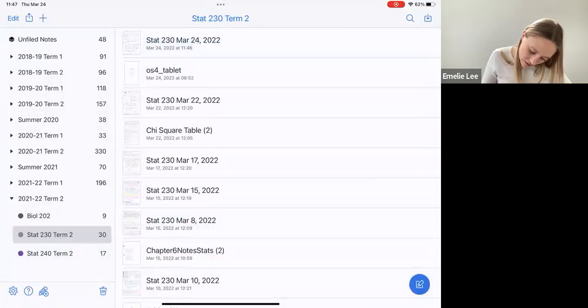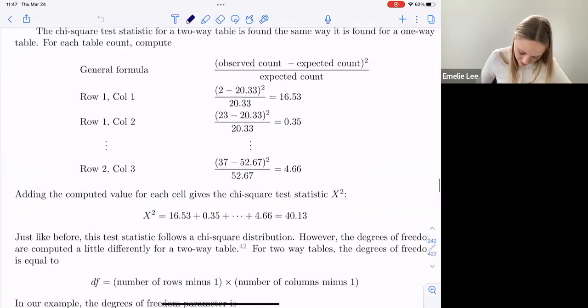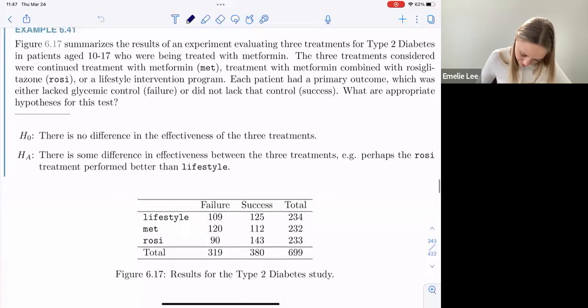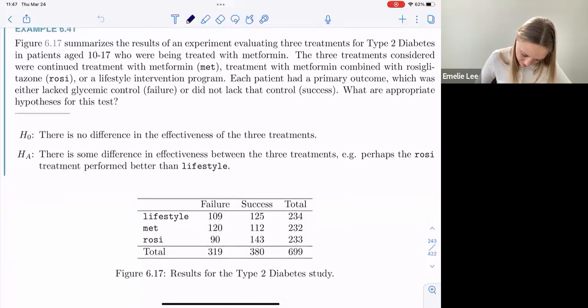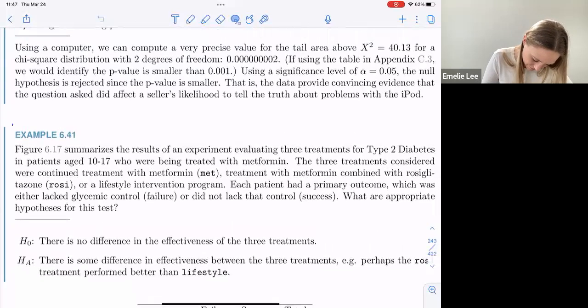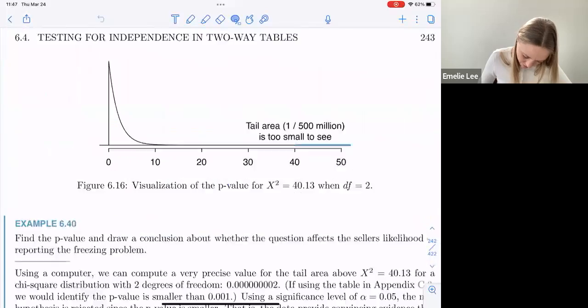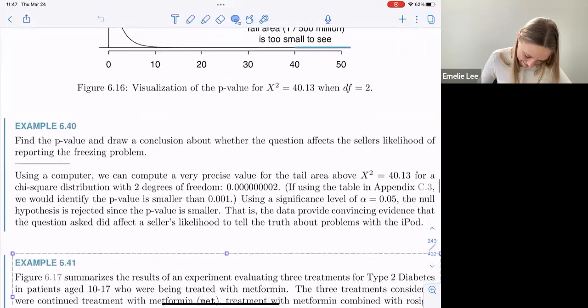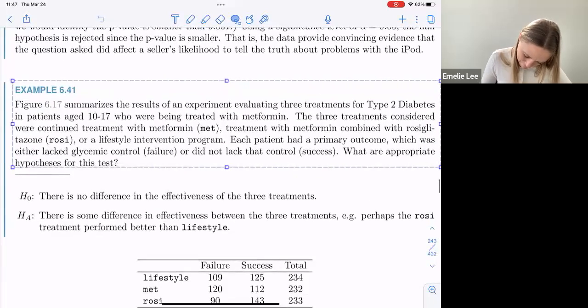Okay, I wanted to do an example, this one. And I know, whoa, what happened? Okay, copy.